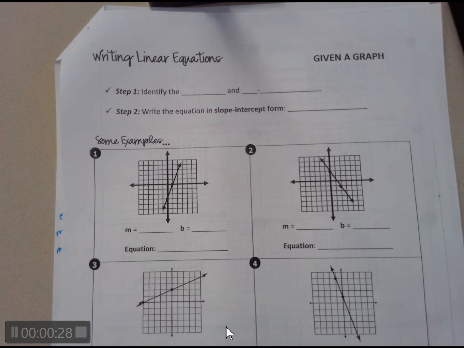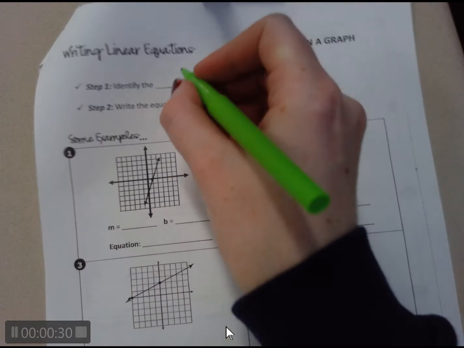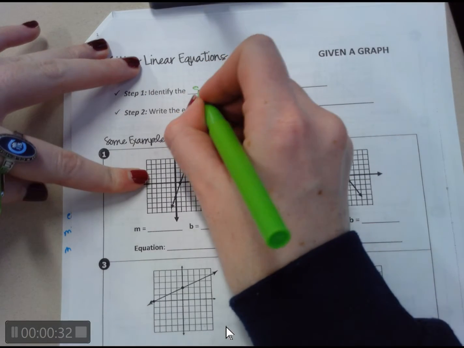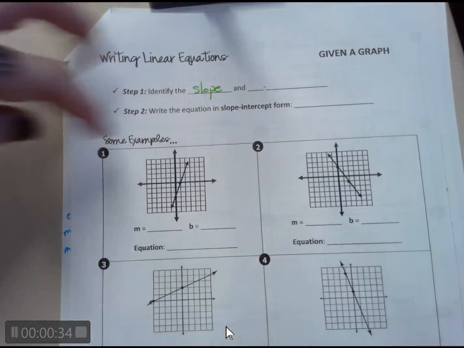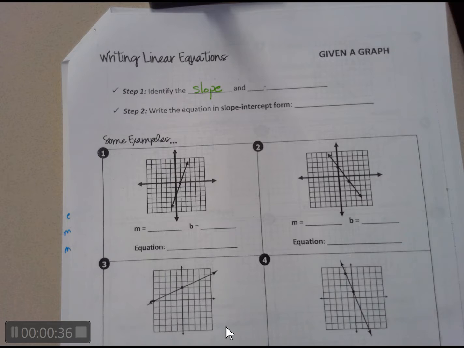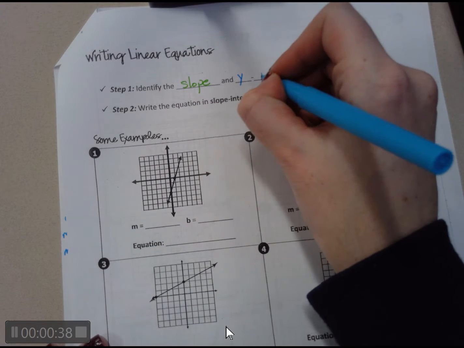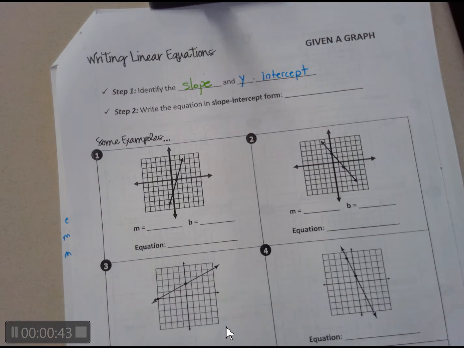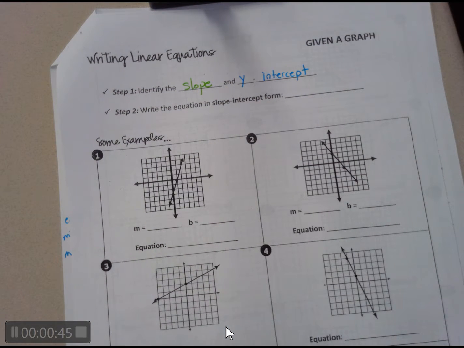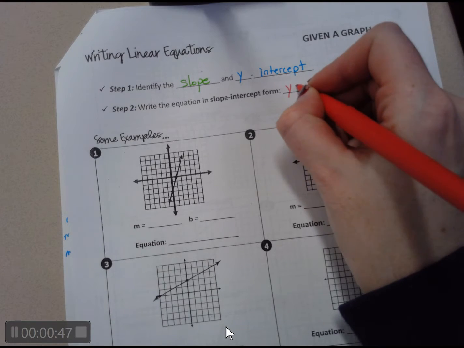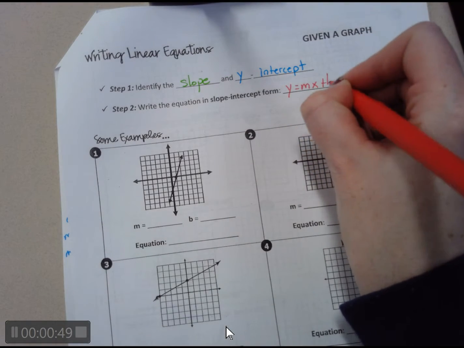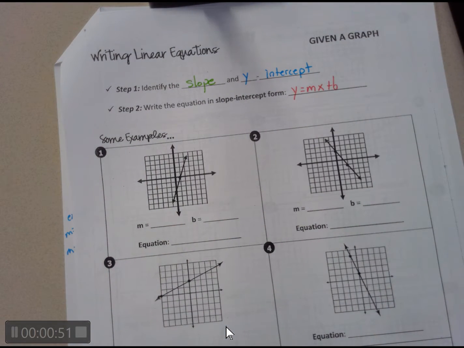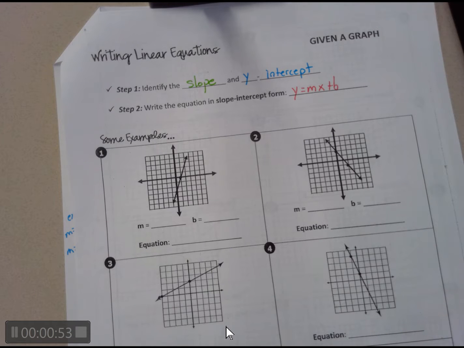All right, so we need to identify the slope and the y-intercept. And then we're going to write it in our slope-intercept form, which we all know by now, y equals mx plus b. Okay? So we need to identify our slope and our y-intercept.